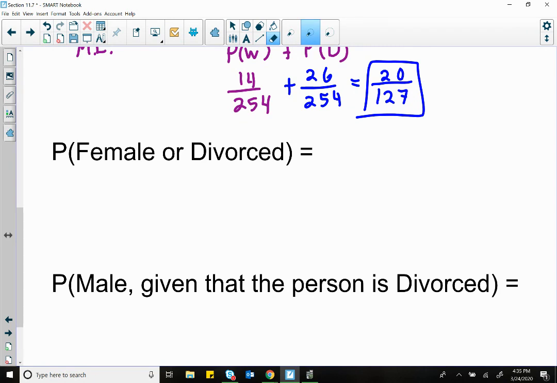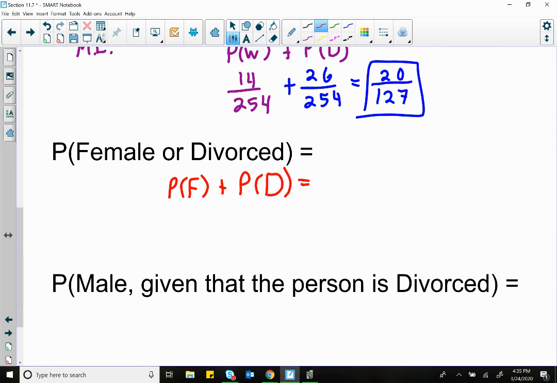So with that being said, when we run this OR situation, we need to find the probability of being female, add that with the probability of being divorced. But because we're counting everybody twice here, because they have stuff in common, you can be female and divorced, I need to subtract out the probability of both female divorced people.